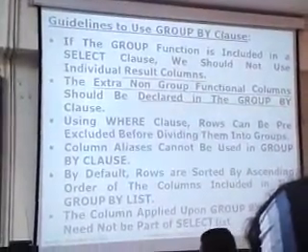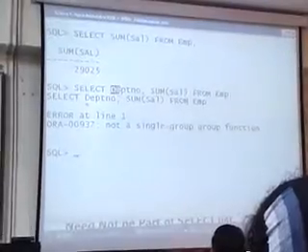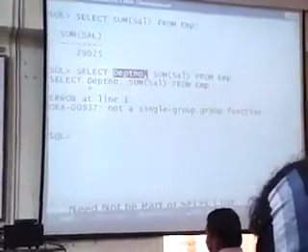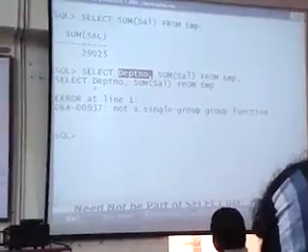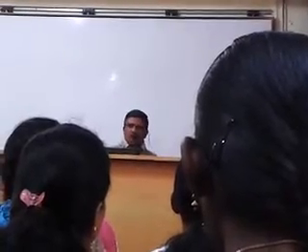The concept is very simple. If any non-group functional columns, meaning columns that are not part of the group function, are expected to be declared by you along with the group function.